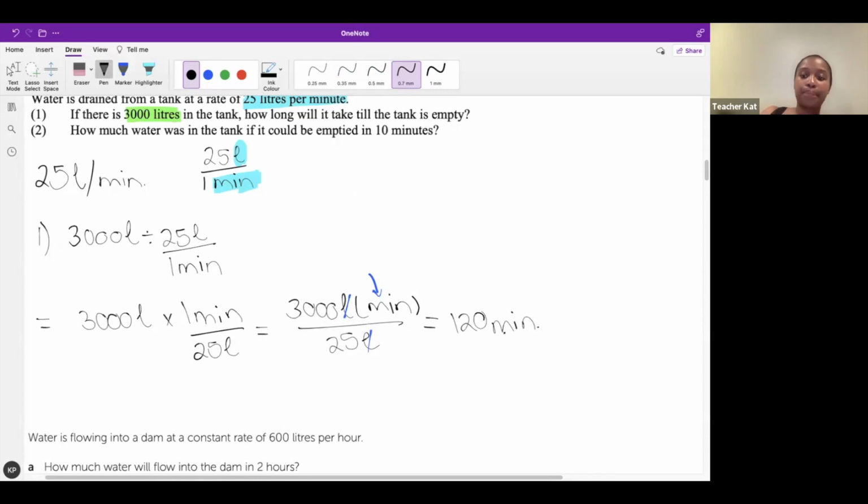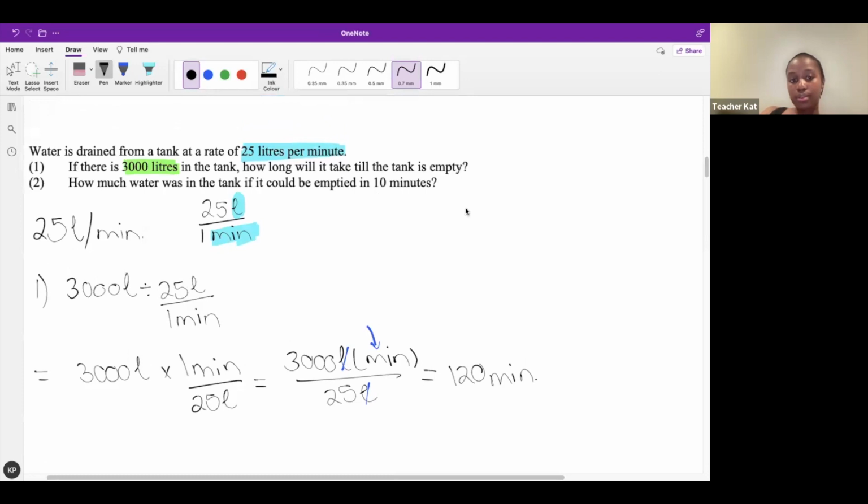The next one, how much water was in the tank if it was emptied in 10 minutes? How do I do this one? So this time we have the minutes, right? And we want the correct one to be at the top.